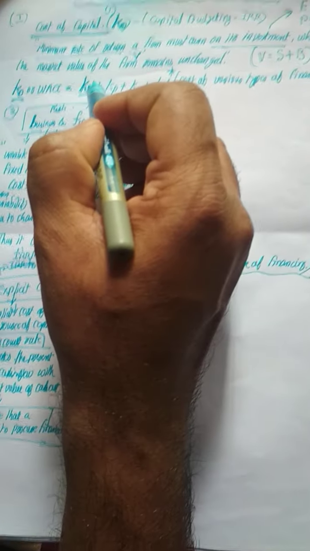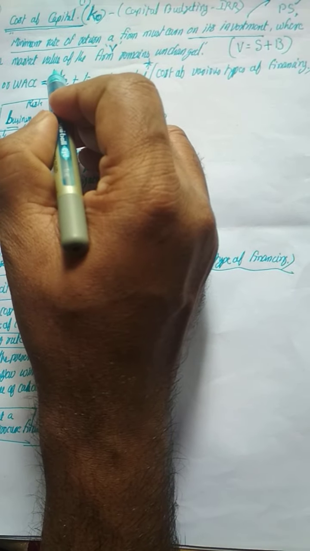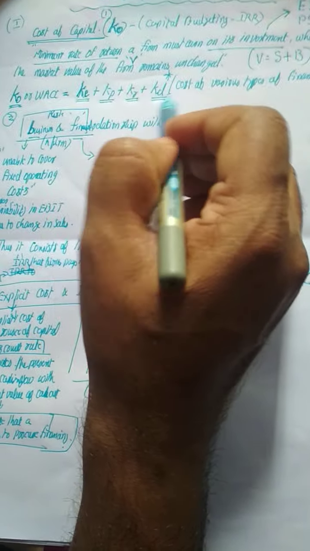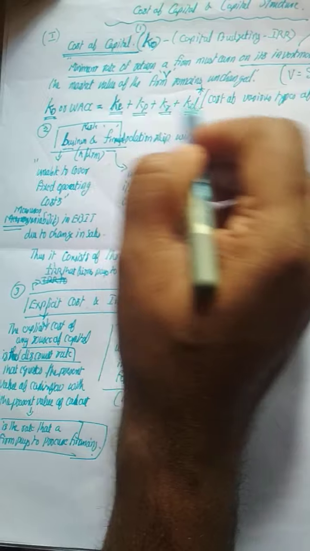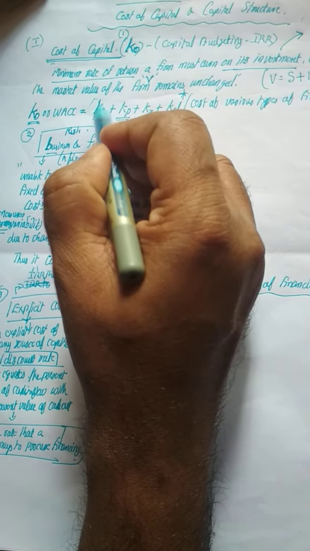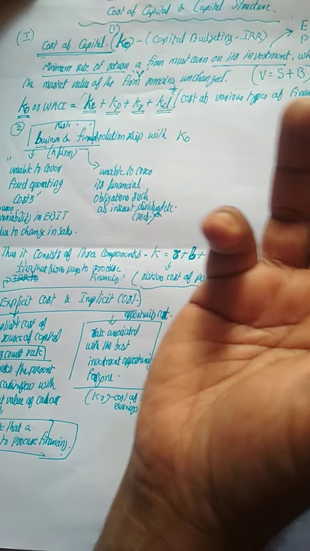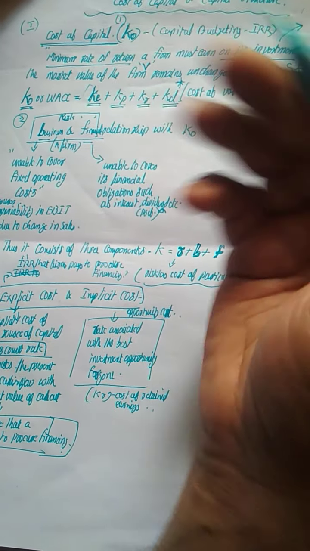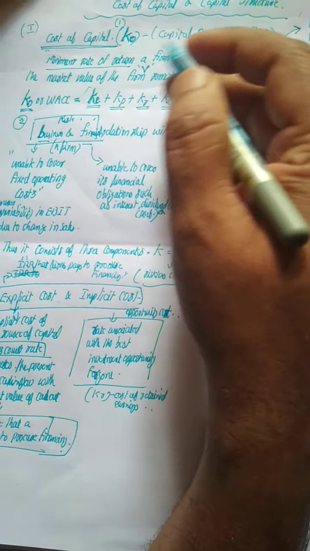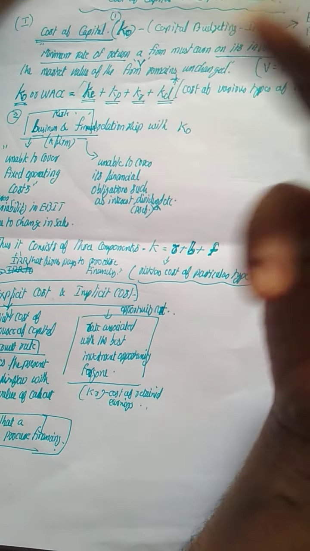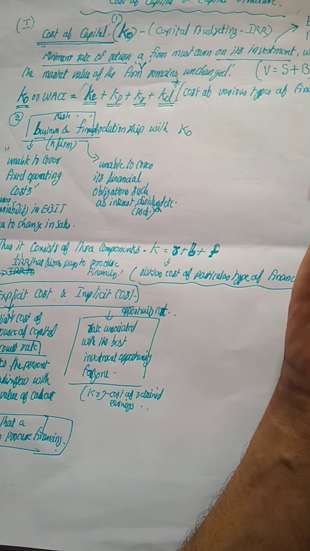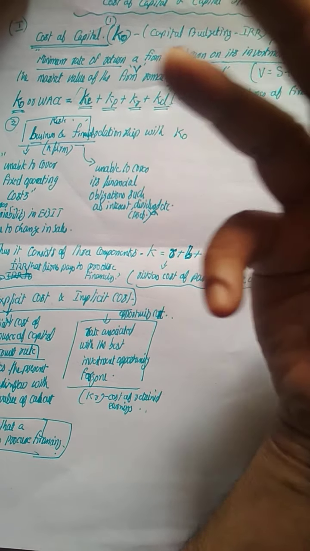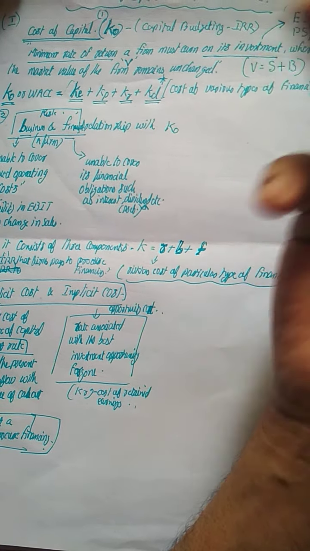So why are we dividing the minimum return of cost of capital into equity, preference, retained, and debt basis? Because KE indicates the minimum return equity shareholders should get, minimum return preference shareholders should get, minimum retained earnings should be there for a company, and minimum rate of interest should be paid for the debt or debentures or bonds.